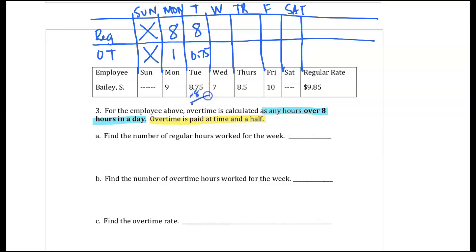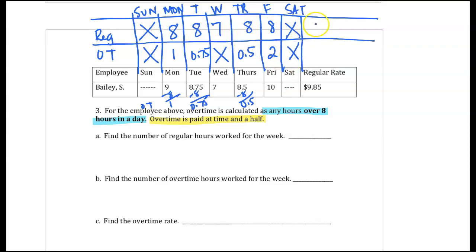So really, I'm subtracting 8 from each one of these to get the overtimes. On Wednesday, there were 7 regular hours, but no overtime. On Thursday, 8 hours regular and only 0.5 overtime. On Friday, there would be 8 hours regular and 2 overtime. And on Saturday, nothing was worked.